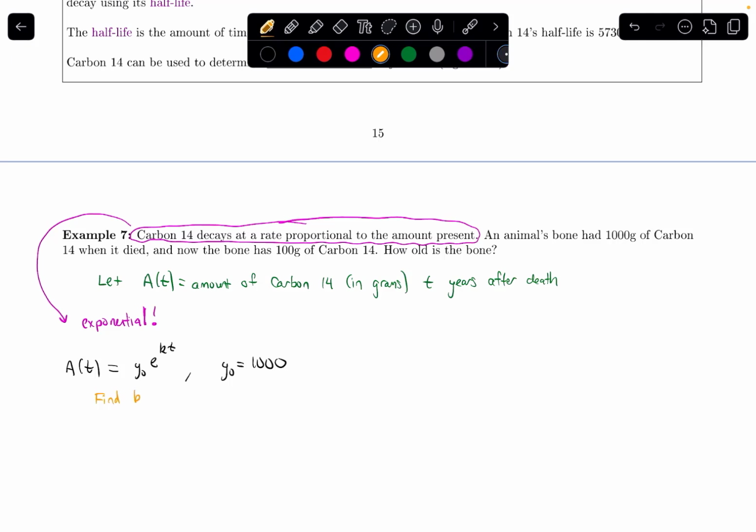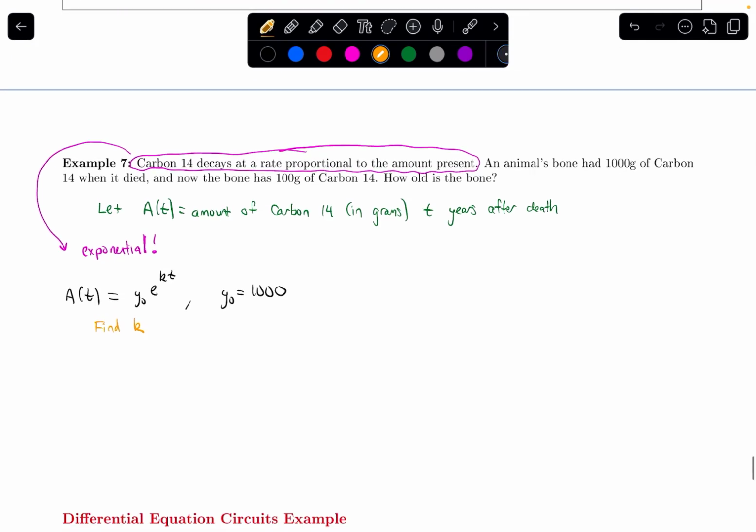So let's find k. And to do that, I can take advantage of the half-life. We know that after 5,730 years, instead of there being 1,000 grams, I'll just have half of that. I'll have 500.